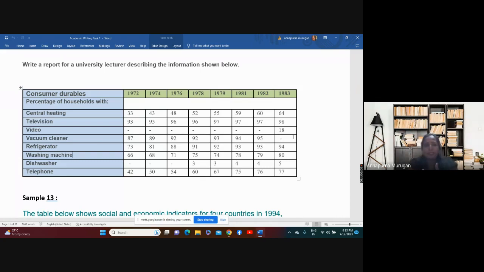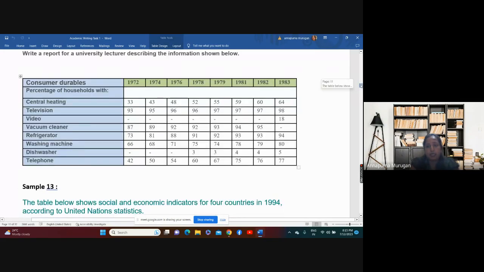Instead, you can say that in most of the consumer durables, owned by UK citizens, basically, I guess it is the UK citizens, isn't it? Yeah, owned by Britain. Yes, English people. So you can see that most of these consumer durables' usage has increased over the years, except for, is there any fall here?